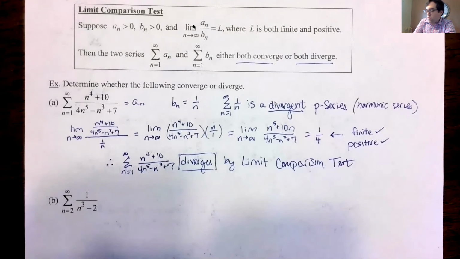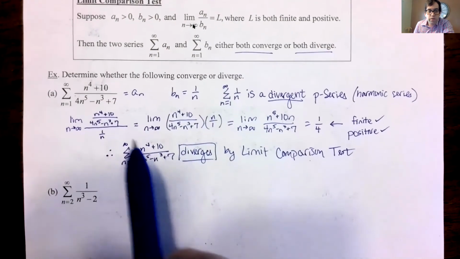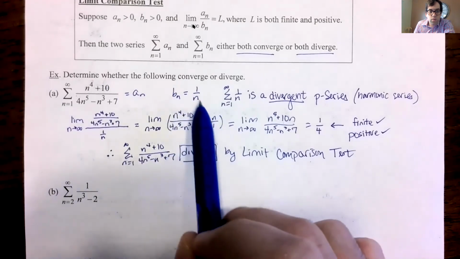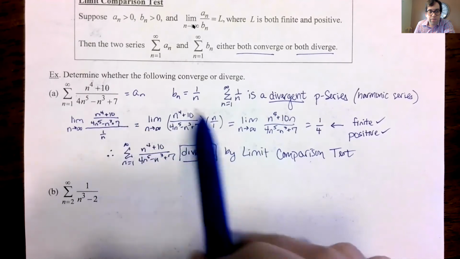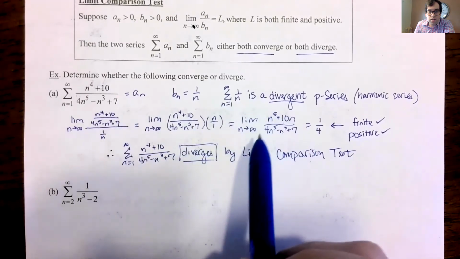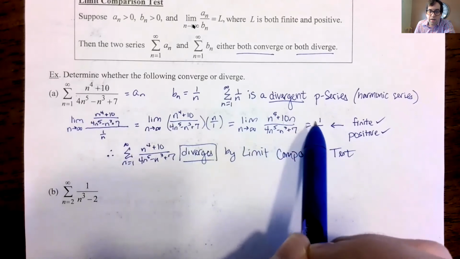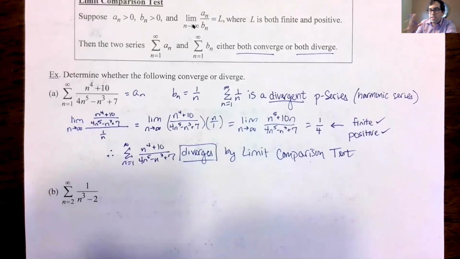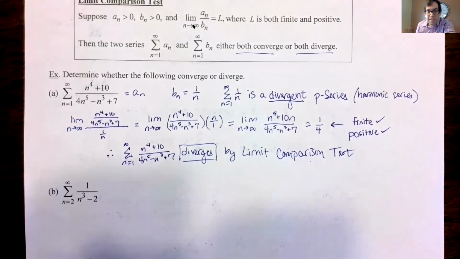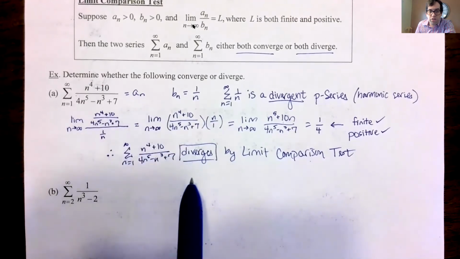All right, so we're going to try one more question. Just to review though, the original series b sub n, 1 over n, diverged, and because this limit of the fractions showed that these two series are growing at the same rate, with a factor of 1/4, but still they're growing relatively the same way. So that means that our other series, a sub n, also diverges.